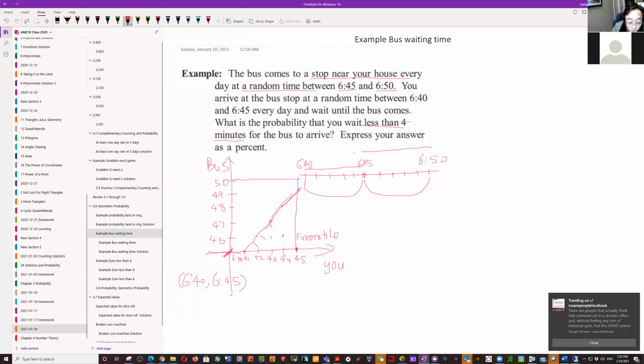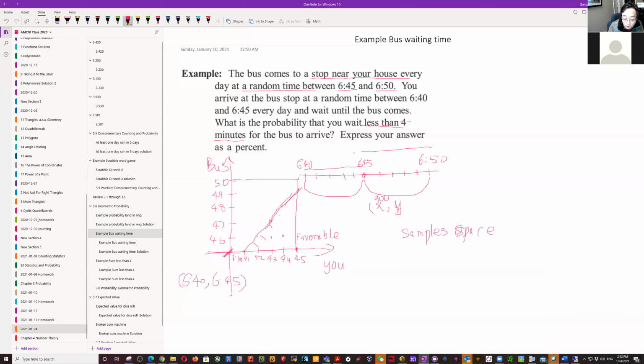And then we can actually draw this. So this square basically represents the total sample space. The total sample space is a tuple, actually a double, where the x coordinate is you, and the y coordinate is the bus.